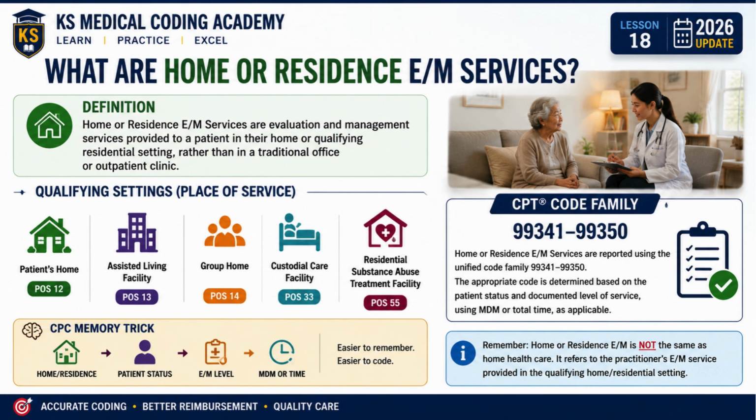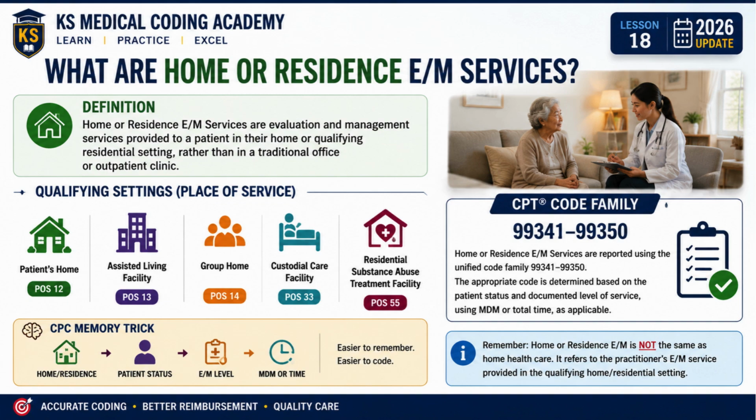Home or residence E/M services are evaluation and management services provided to patients in their home or qualifying residential setting, instead of a traditional office. These services may include the patient's home, assisted living, group home, custodial care, and certain residential treatment settings. The current home or residence E/M code family is 99341 through 99350.